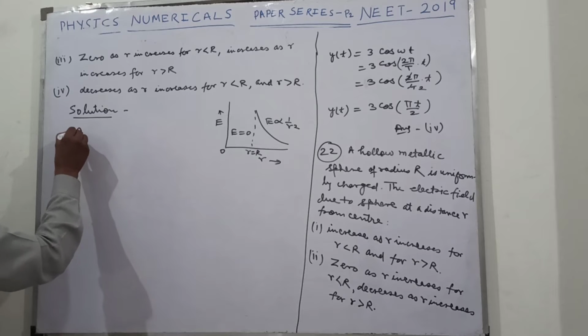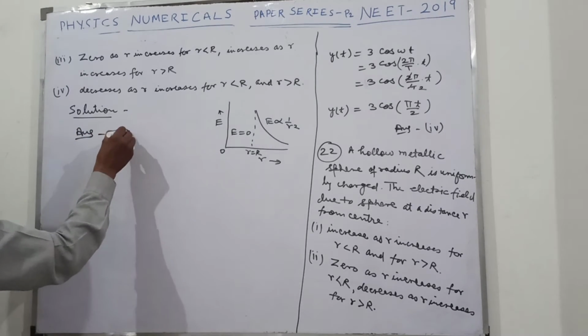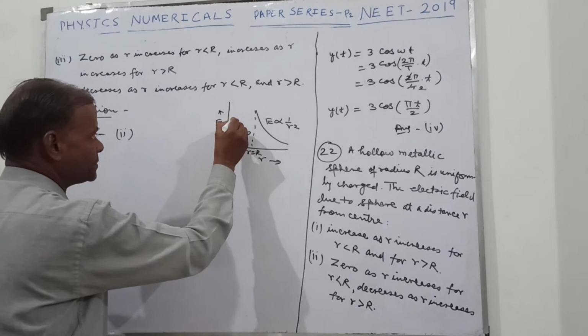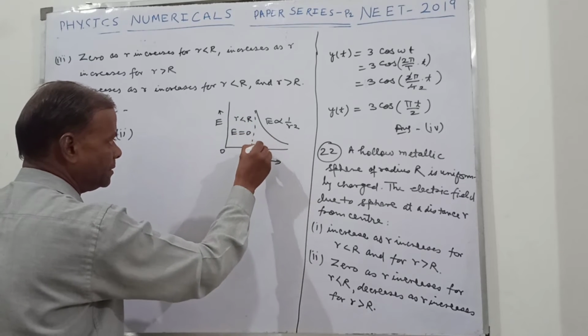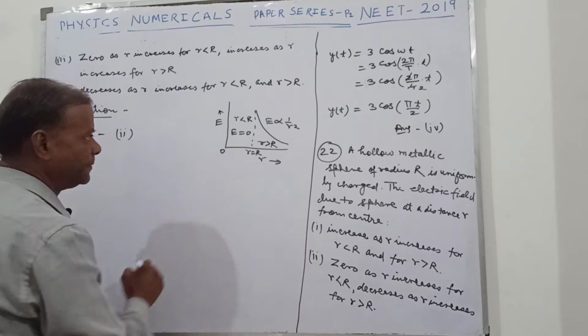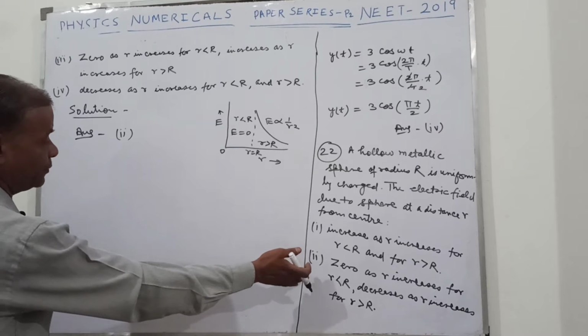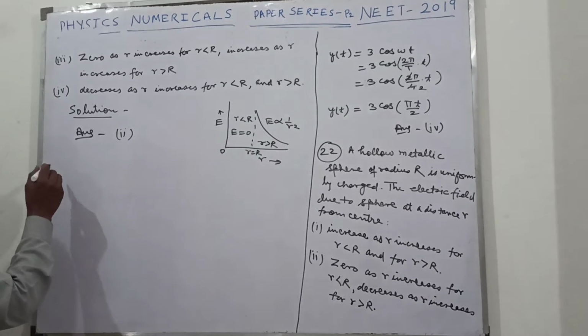So our answer is second. This is r less than capital R, here r greater than capital R. This makes it clear how to find the right answer to this question.